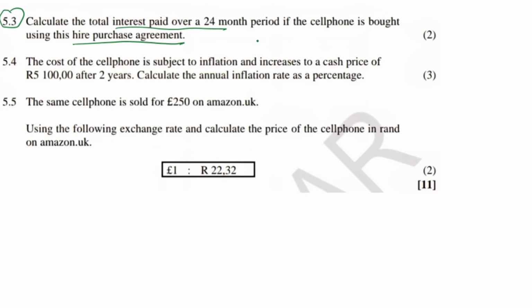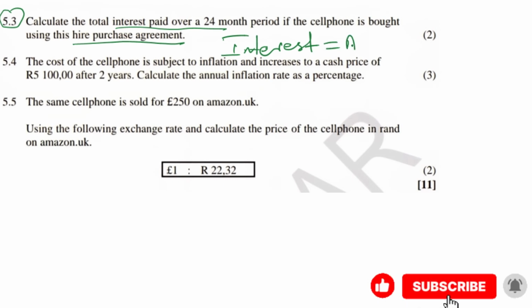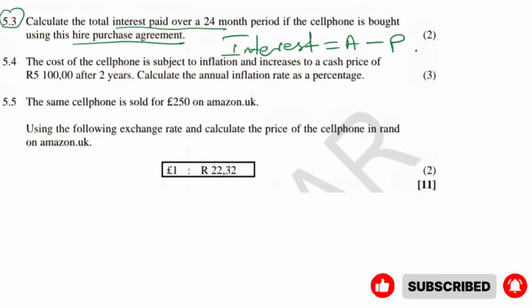The total interest goes like this. The interest is equal to the value of A minus the value of P. It is equal to the final amount minus the initial amount. Now, what is the final amount?